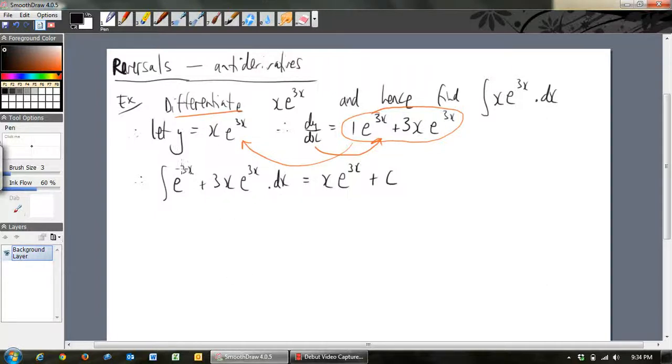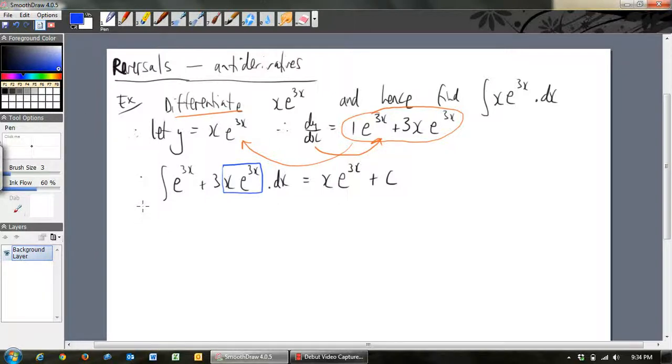So we're asked to find the integral of x e to the 3x, which is basically this here. That's what we're trying to find. We can separate these integrals, and then move things onto this side so we can get an answer.